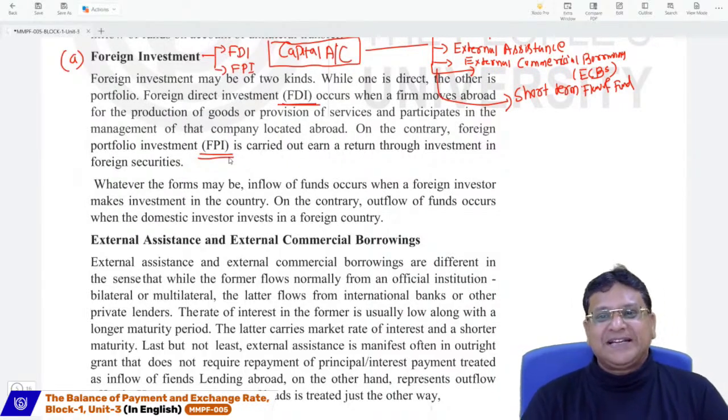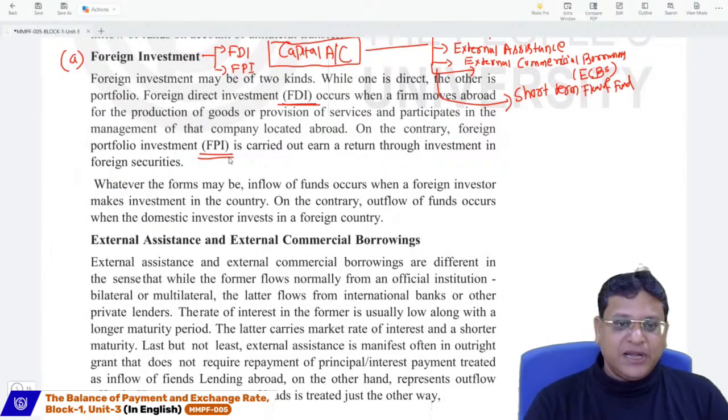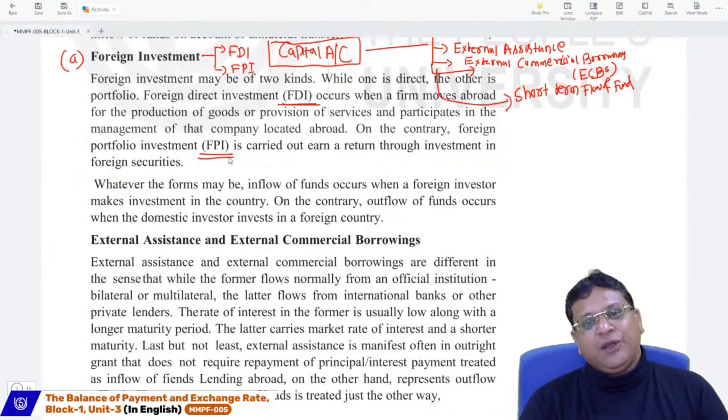What is foreign direct investment? If the investments are made in foreign physical assets, those are known as foreign direct investment. Foreign physical assets means you go and purchase a factory in foreign country, you go and purchase a home in foreign country, physical assets.